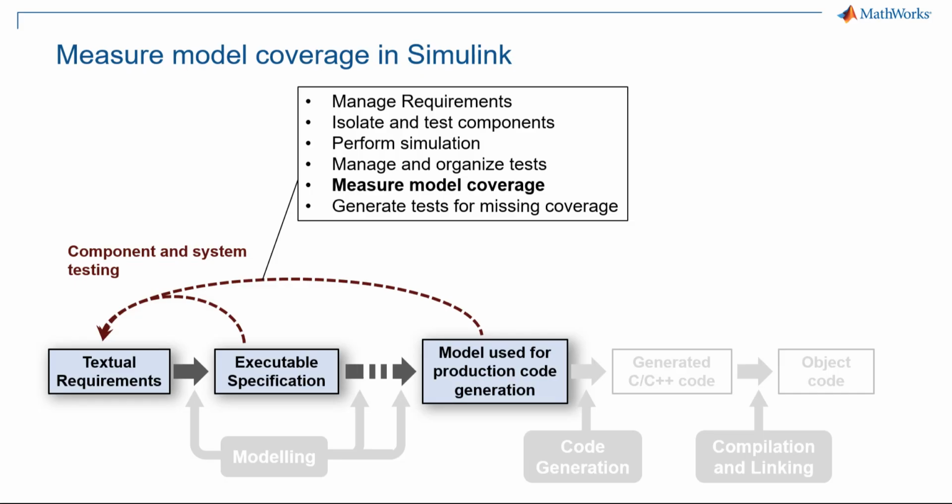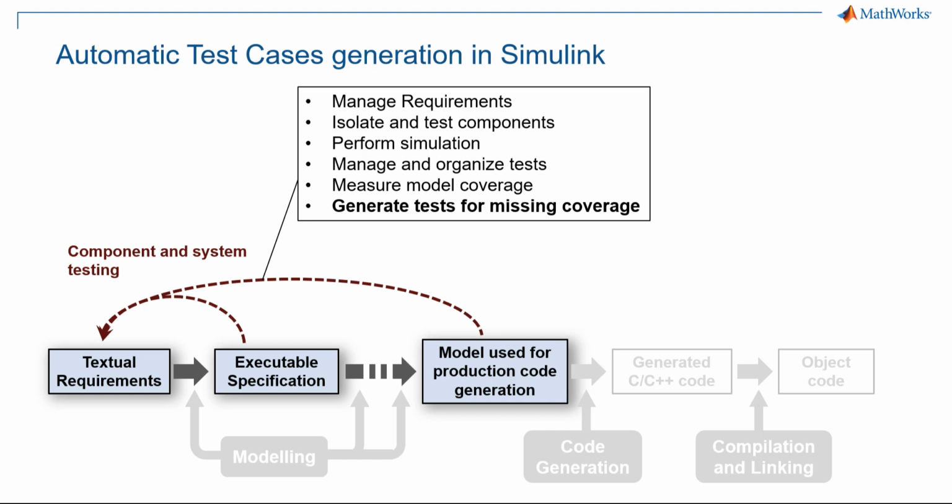We know from many customers that as you define tests and measure coverage, it is a difficult challenge to reach 100% of coverage, and it is frequently the last few percent that take most of the effort. This brings us to a new topic, the automatic generation of new tests.